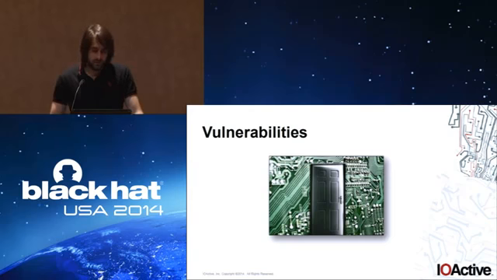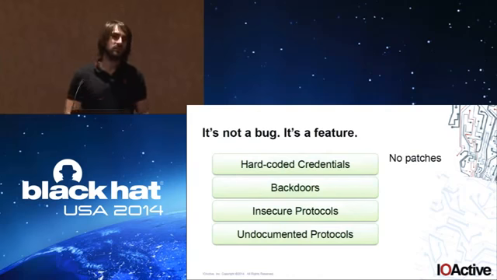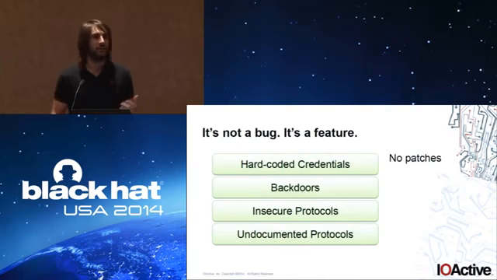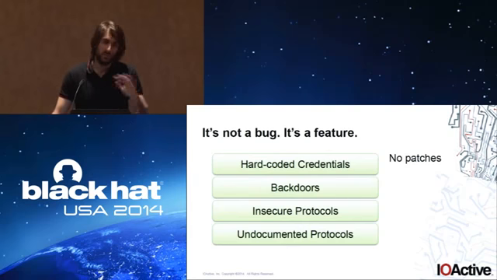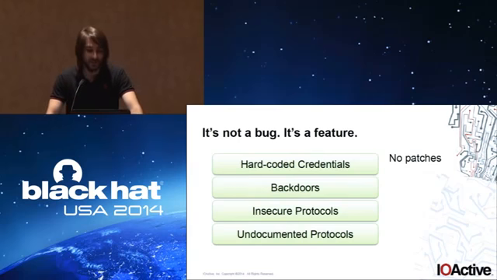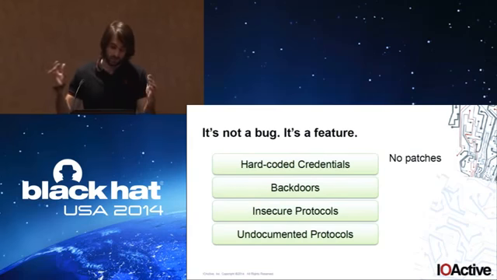Let's get right into the important things. This research wasn't focused on finding memory corruption, integer overflows, or buffer overflows. Believe me, there are quite a few, but we weren't interested in that kind of thing.